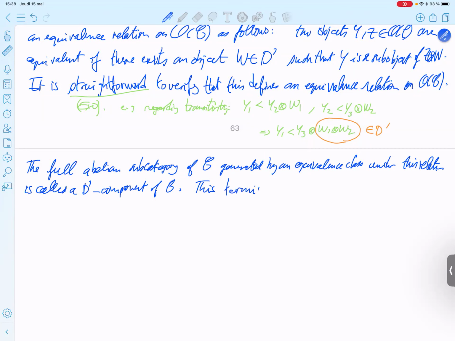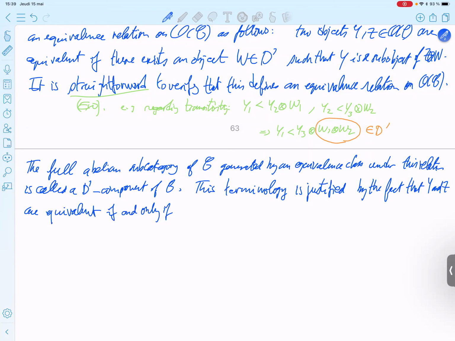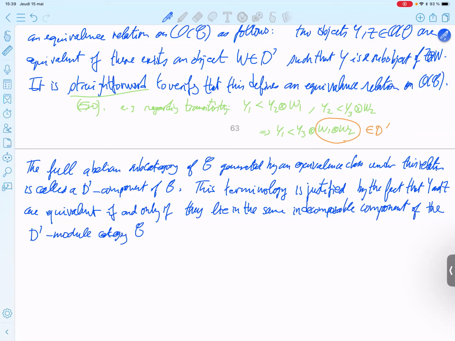This terminology is justified by the fact that Y and Z are equivalent if and only if they lie in the same indecomposable component of the D prime module category C. So C has a structure of D prime module category.